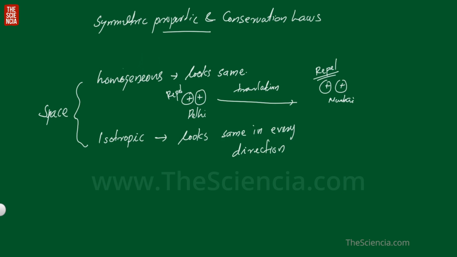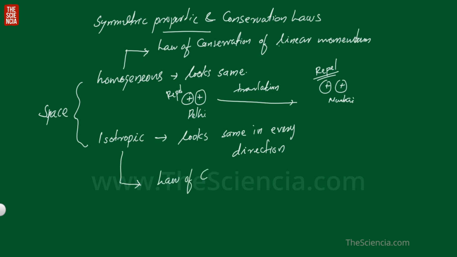If space is homogeneous, then there will be a conservation law, that is, the law of conservation of linear momentum. If space is homogeneous, then linear momentum will be conserved. And the consequence of the isotropic property is the law of conservation of angular momentum.